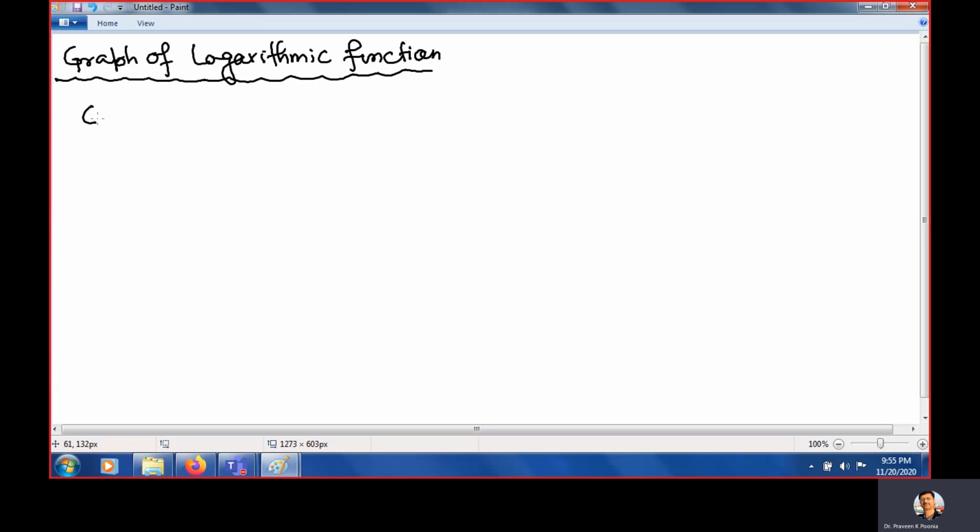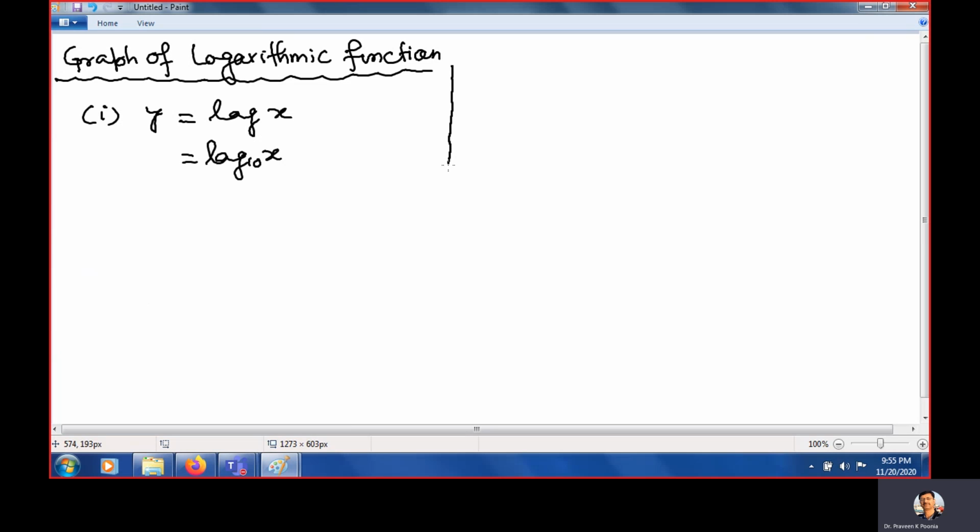Okay, let us choose one question with base 10. Another question we will take with a base other than 10, so that we can learn how to transform the table for a different base. Okay, so draw the graph of y equals log x. Log x means log x with base 10.